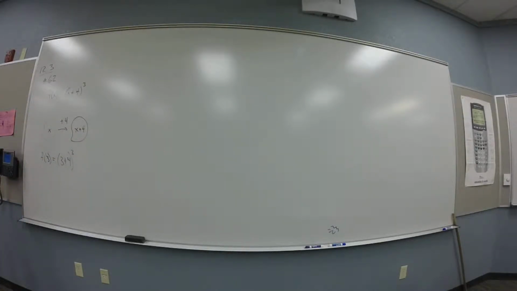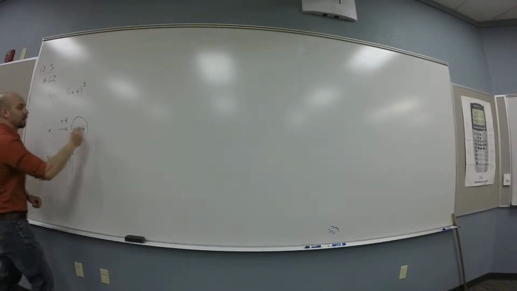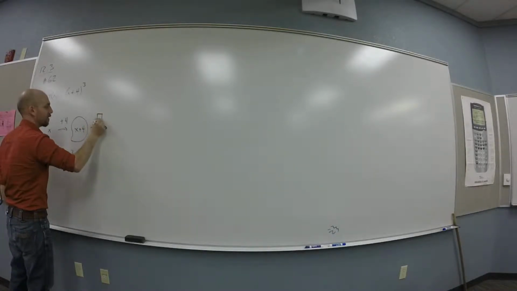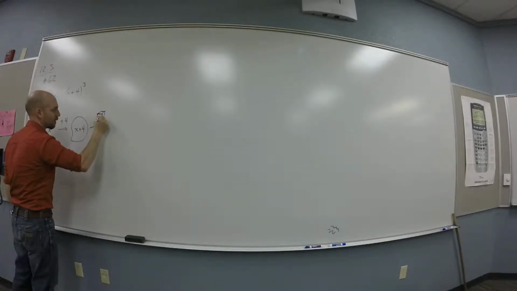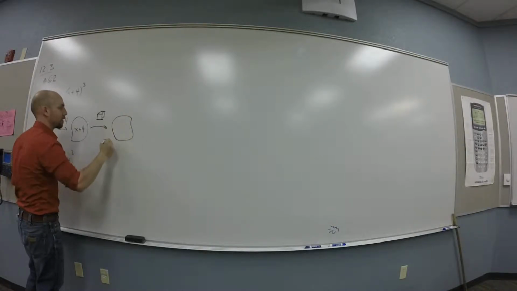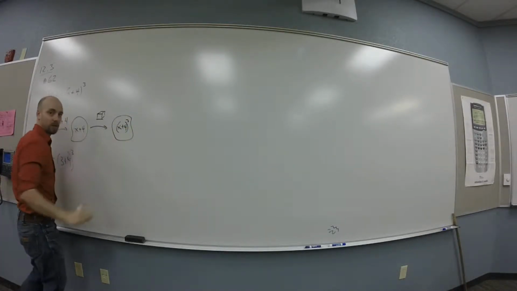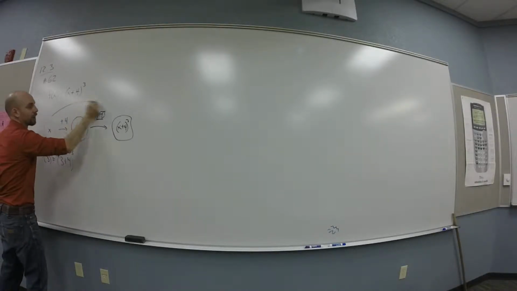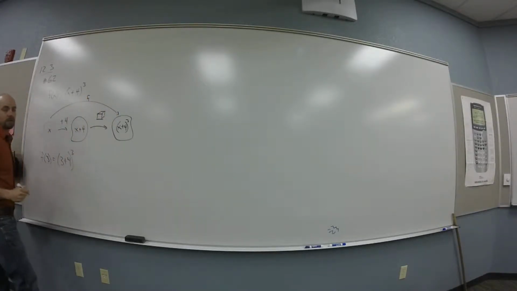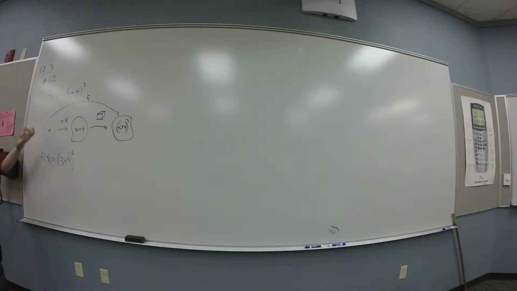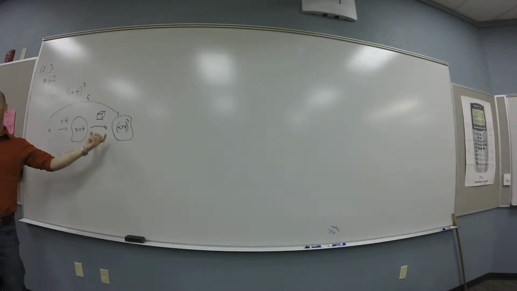After I've added 3 and 4, what's my next step? Yeah, then I should cube it, right? So now I'm at x plus 4 all cubed. So this whole thing is my function f. You guys see that? It's a composite machine. It's made out of, at first, add 4, then cube.